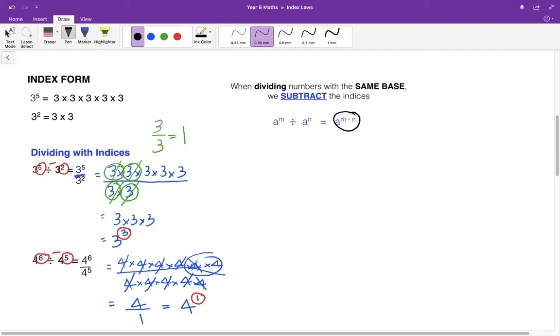Well, let's have a look at one more. 7 to the power of 5 divided by 7 to the power of 3. Now my index law tells me that I'm just going to subtract the indices and get 7 to the power of 2. So if we expand this, let's have a look.